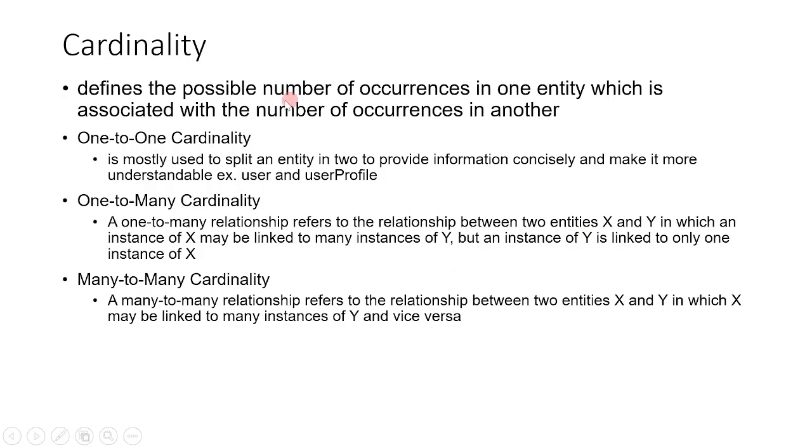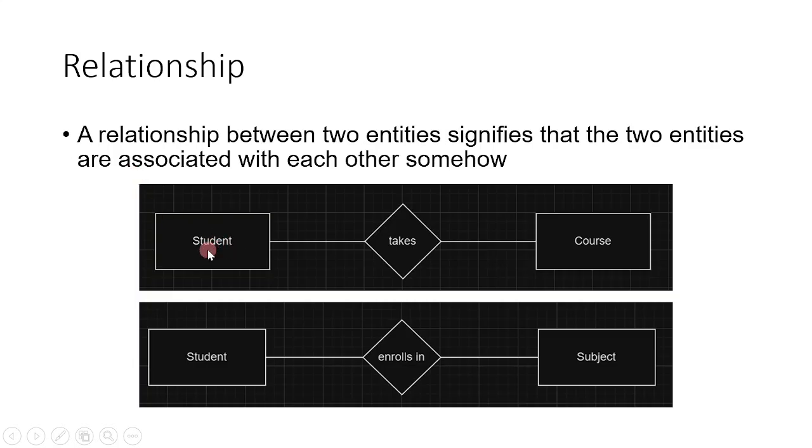So we have here the different cardinalities. One-to-one cardinality, okay, is mostly used to split an entity to provide information concisely and make it more understandable. For example, in a student entity, if you signed up with your enrollment form, there are actually a lot of columns that you need to fill up in our student entity. Okay, so to simplify the student entity, you could split this entity into multiple entities.